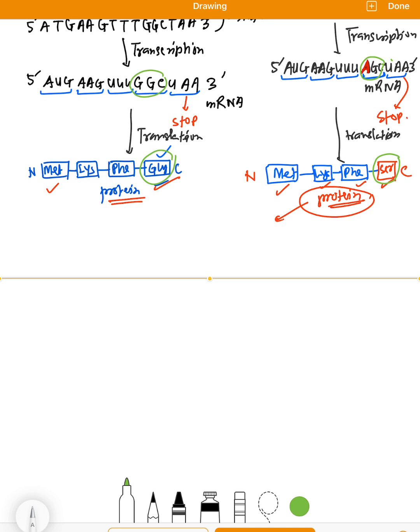And due to that, ultimately the RBC shape is changed into sickle shaped, and that's why it develops the disease sickle cell anemia. So that is one practical example of a missense mutation, and that example is already discussed in our previous videos. If you are new to our channel, please go back and see our previous videos, you will get the concept. Okay, so that's all from the missense type of mutation.